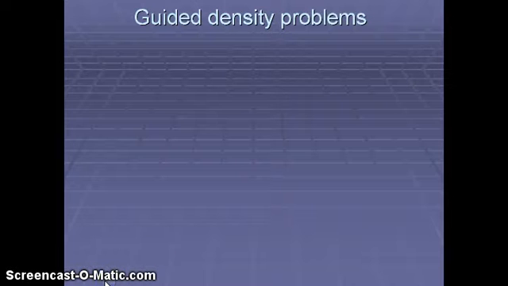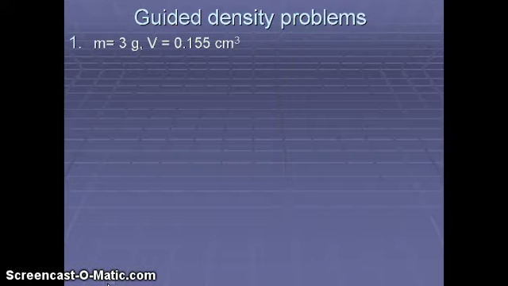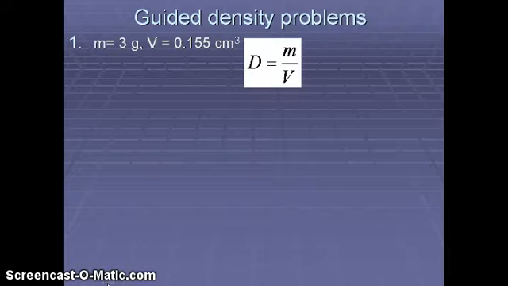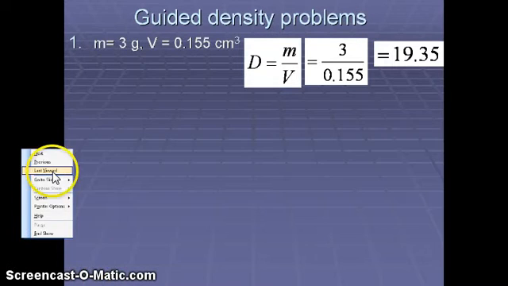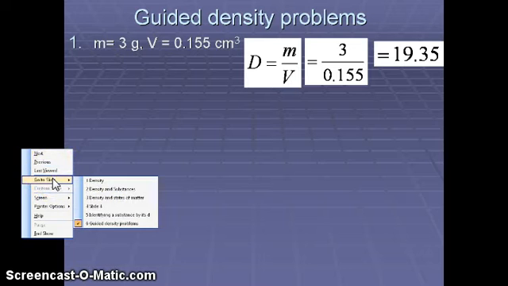Let's do a couple density problems. So in this first problem, we have something with a mass of 3 grams, a volume of 0.155 centimeter cubed. So let's just plug this into our formula. Our 3 goes here, our 0.155 goes here. If you divide that, you should get 19.35. Now let's go back to our chart and see if we can figure out what this substance is made out of.